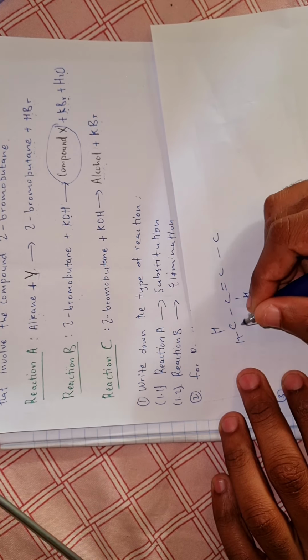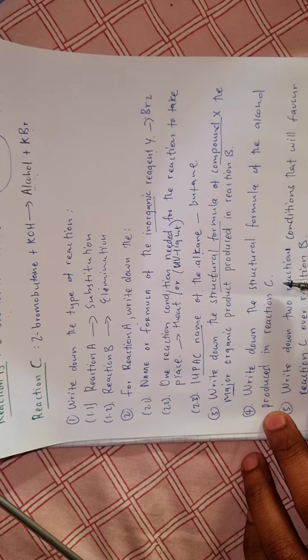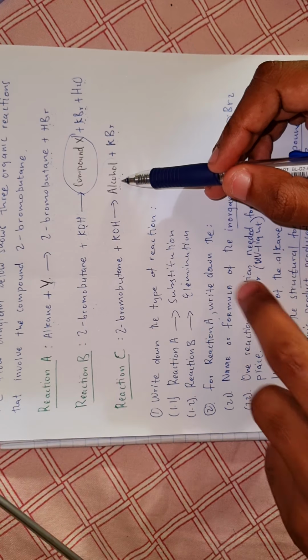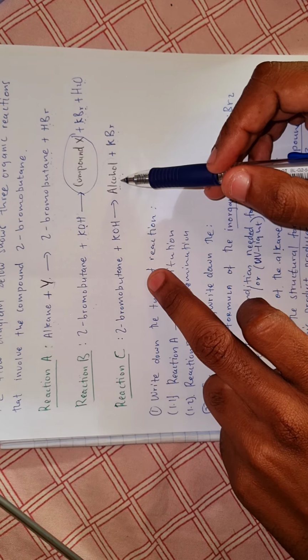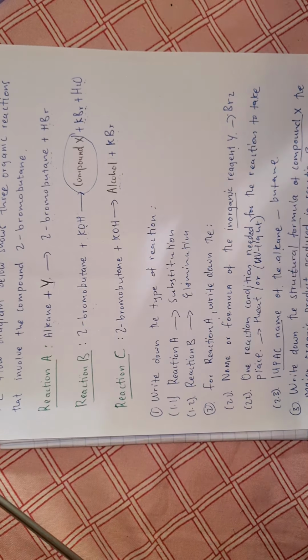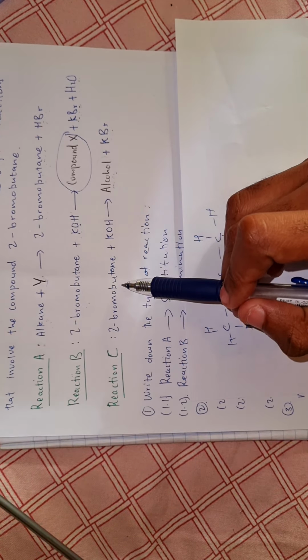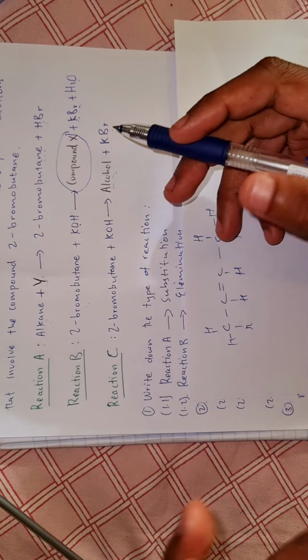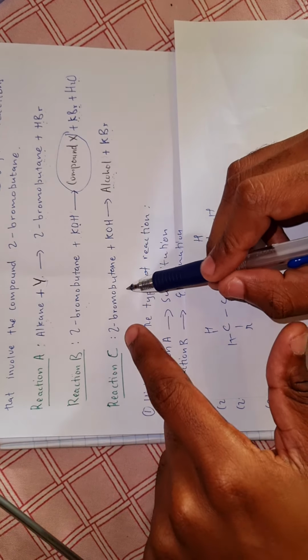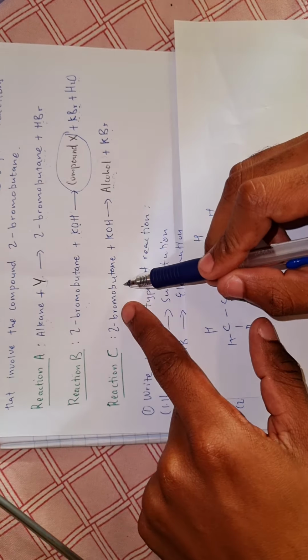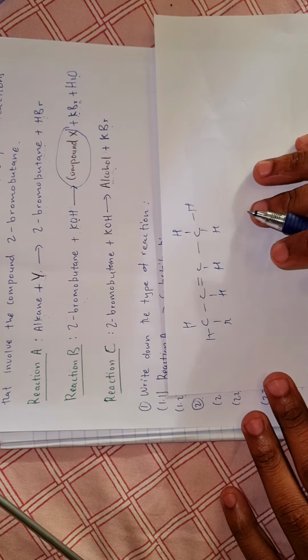Question number 4 says write down the structural formula of the alcohol produced in reaction C. Remember, again I showed you what will be the alcohol. This is butane, right? Now what did we do? We did a substitution, whereby 2-bromobutane gave off bromine, and then KOH gave off a hydroxyl group. So now we have something like this.